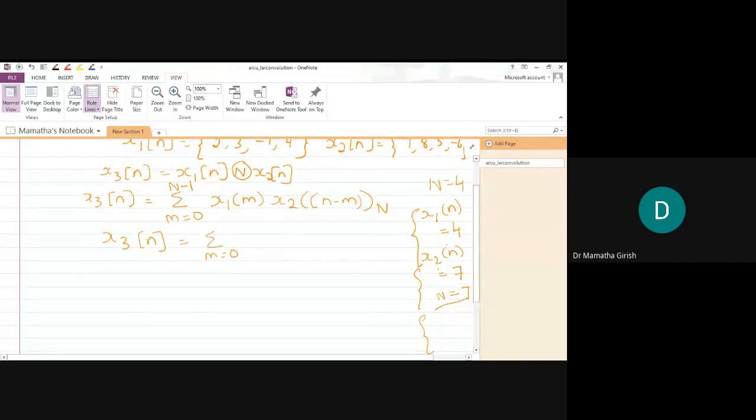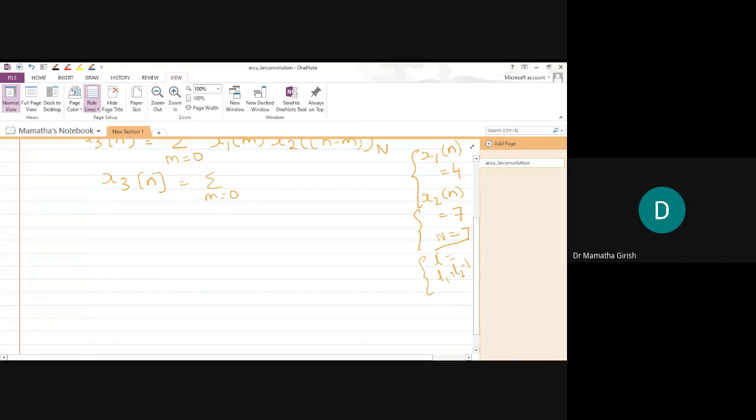How are you doing it in linear convolution? In case of linear convolution, if the length of the first sequence is 4 and the second sequence is 7, the length of the convolved sequence is length of sequence 1 plus length of sequence 2 minus 1.